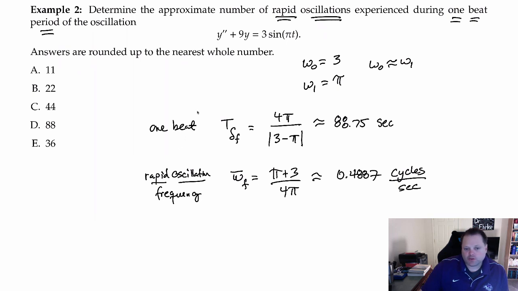Well, if you can complete one beat in 88 seconds and you're oscillating at a frequency of 0.488 cycles per second, if you multiply these two things together, it'll give you the number of cycles, which is the number of rapid oscillations.